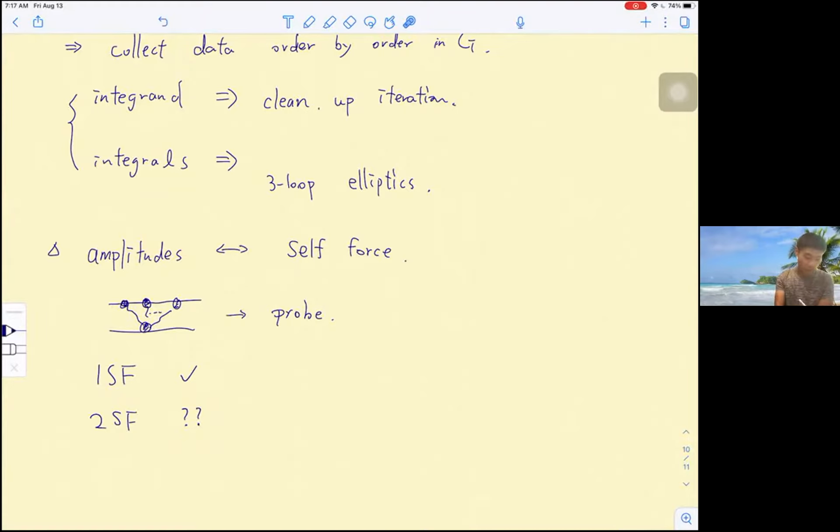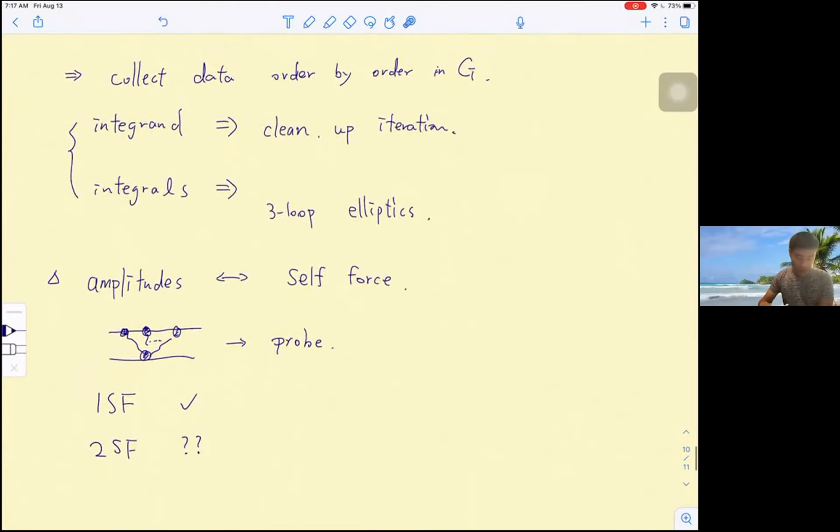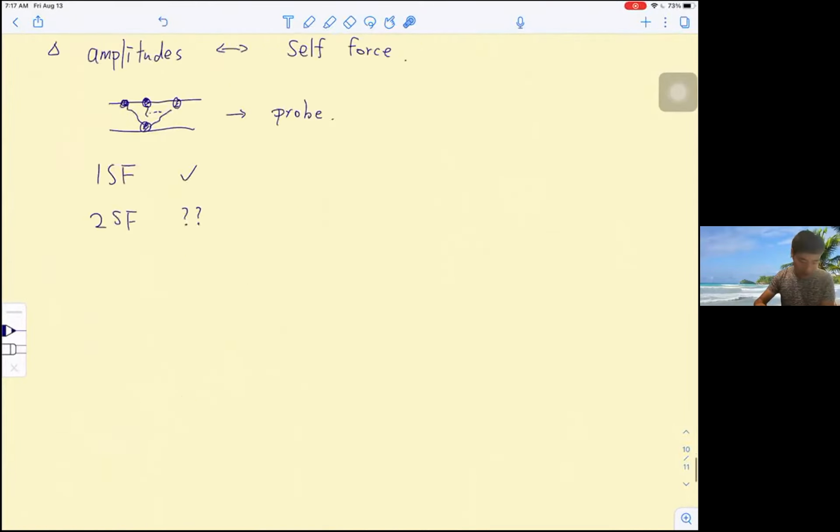Especially, one thing that will be helpful in practice is that from these integrals, we can know what the special functions are, and that will help the people from the GR community working on the self-force. If they know the special functions, maybe we could help them solve this equation of motion. Okay, so that's about the self-force.